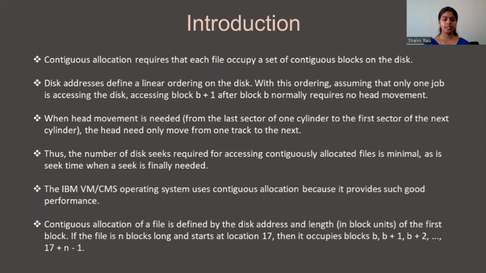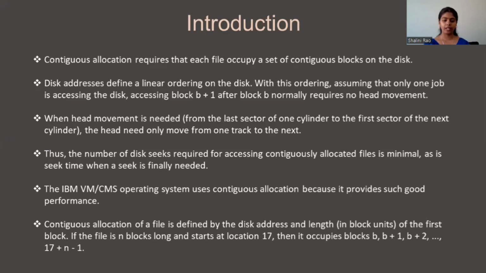When head movement is needed from the last sector of one cylinder to the first sector of the next cylinder, the head needs to only move from one track to the next. Thus, the number of disk seeks required for accessing contiguously allocated files is minimal, as is seek time when a seek is finally needed. The IBM VM/CMS operating system uses contiguous allocation because it provides such good performance.